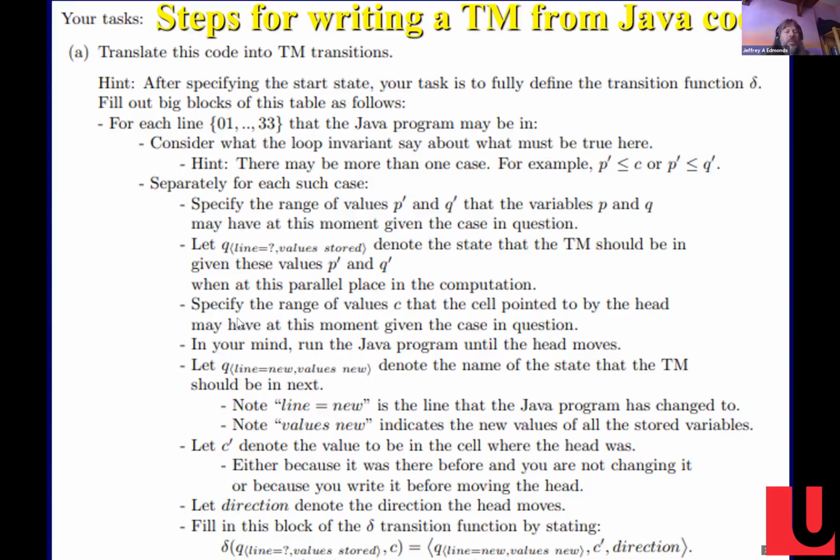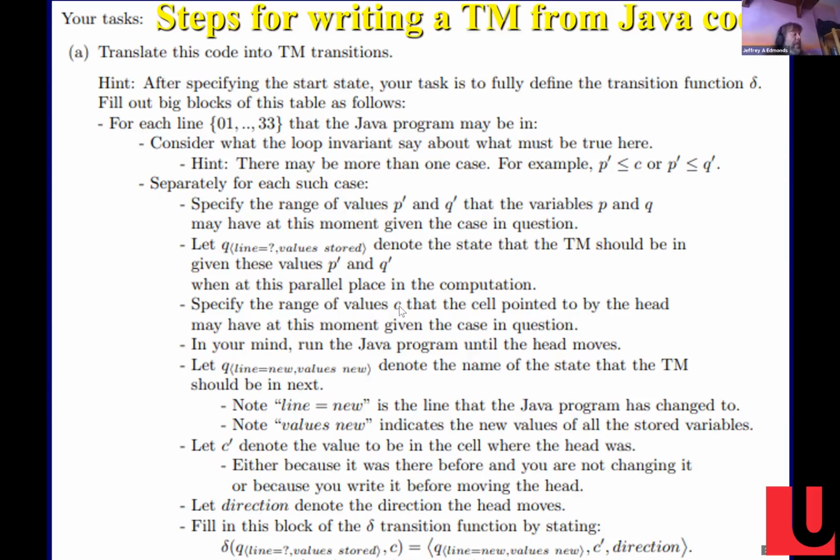Then we want to say, well, the Turing machine, not only is it in some state, it's also looking at some character. The head is somewhere, and the head is looking at some character. Let's denote the character that the head is looking at. Do we know what value we're looking at?